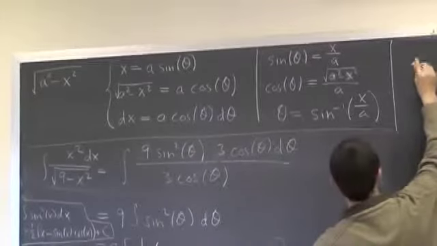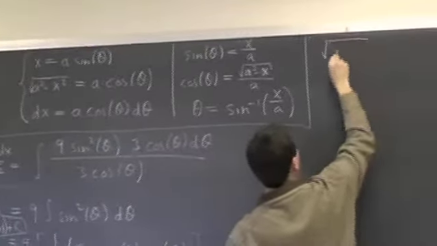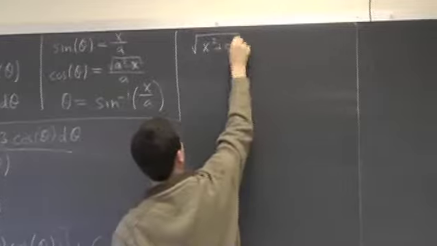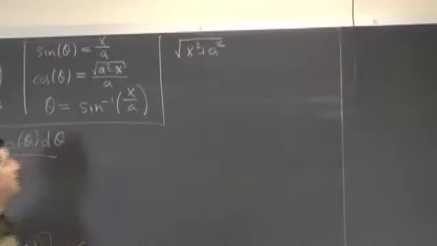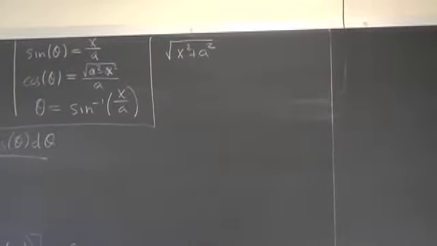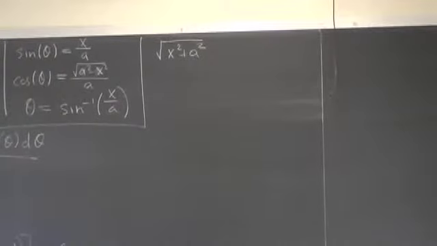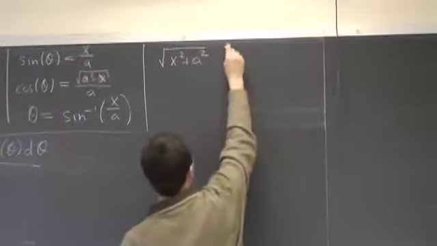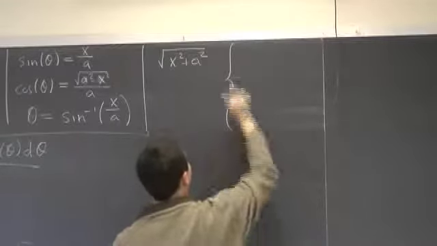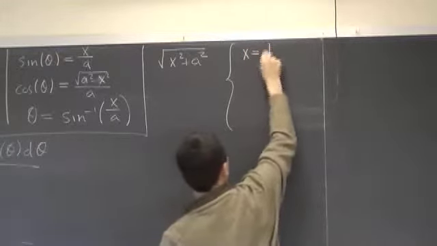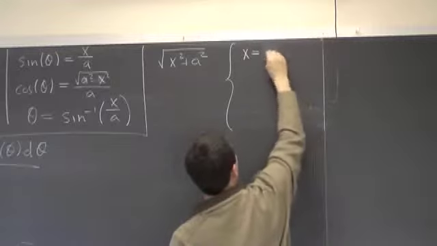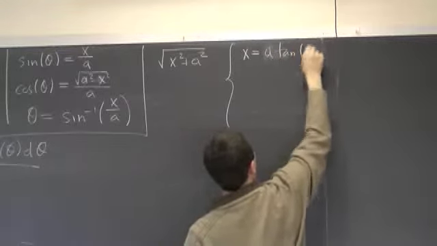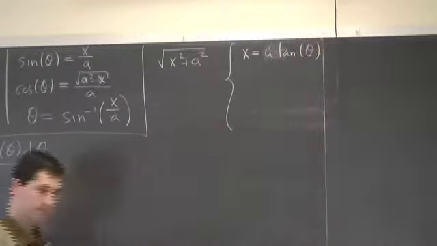Let's do a different case. Let's do the square root of x squared plus a squared. So in this case, we saw that the correct substitution was a tangent of theta.